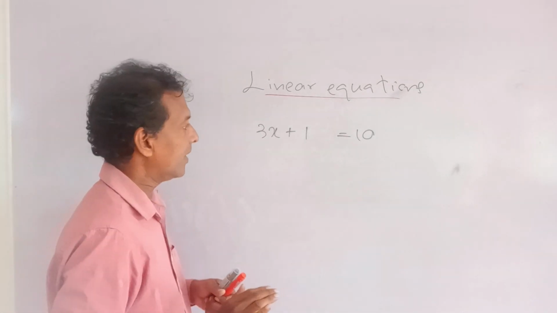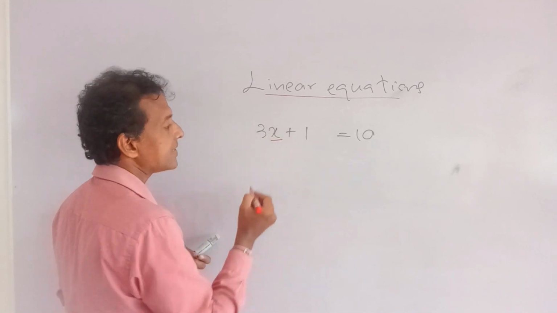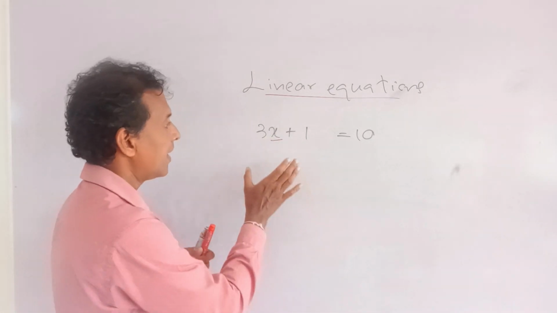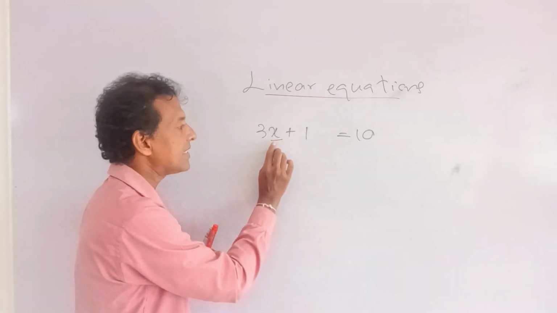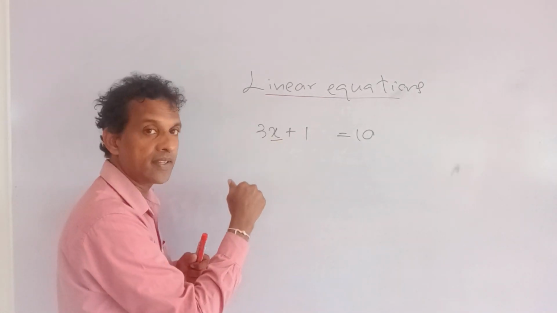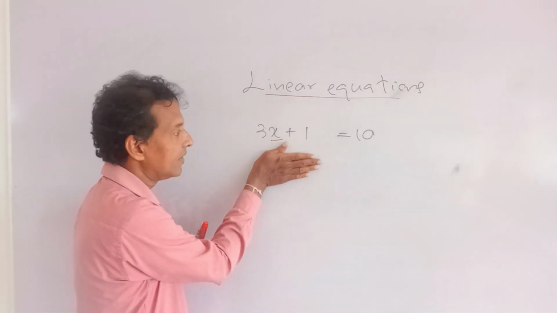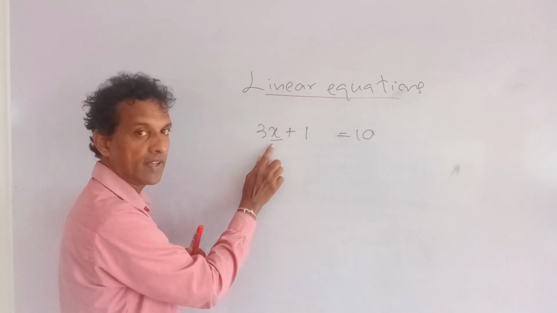Now here, understand the variable. What is the variable here? It's x. So we try to get all the operations with this x on the same side. This variable is on the left hand side of the equation. So let's see the total operations related to this variable.